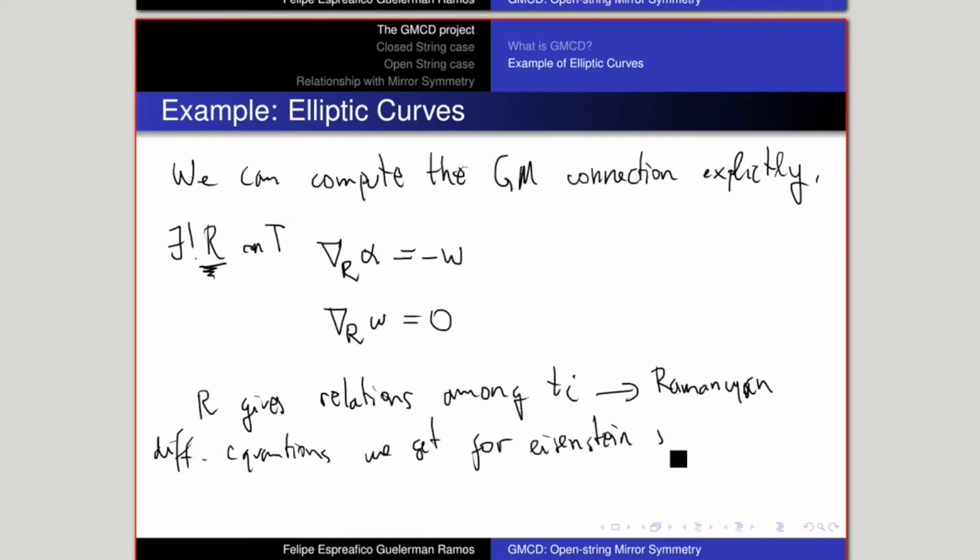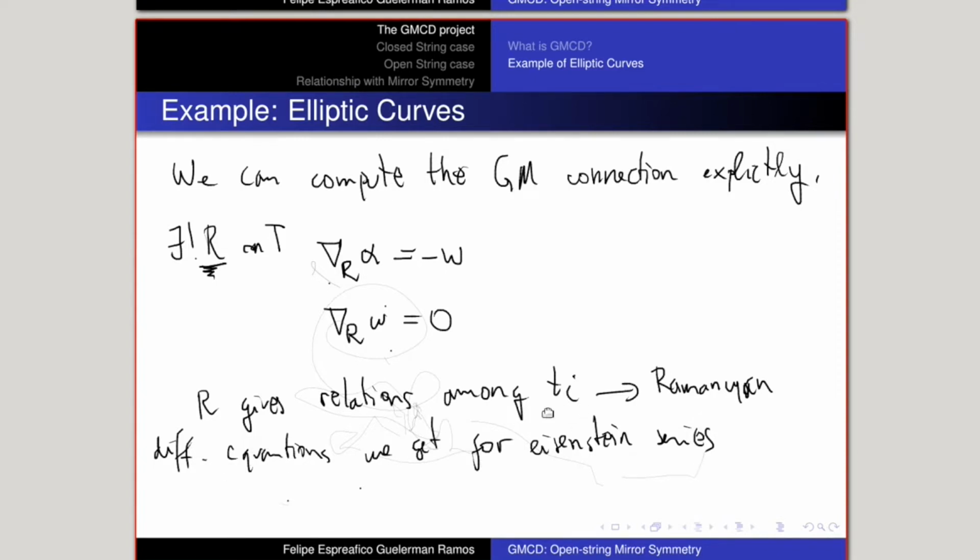Of course, these functions are functions of 3 variables because we are on T. They are not defined on the upper half plane or something. But the point is that we have this vector field, and the relations we get among the Ti are the same as for Eisenstein series.